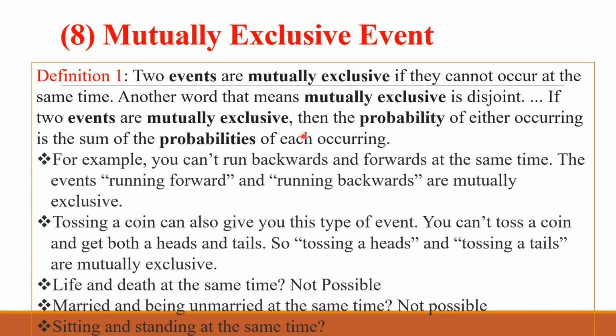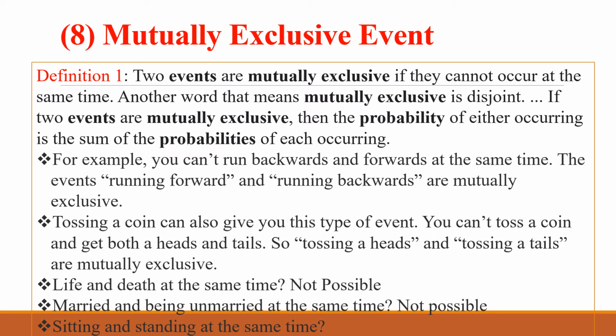Now, mutually exclusive events are events that cannot occur at the same time. In other words, the occurrence of one prevents the occurrence of the other one. In other words, we are saying that it is disjoint. If 2 events are mutually exclusive, then the probability of either occurring is the sum of probabilities of each occurring.